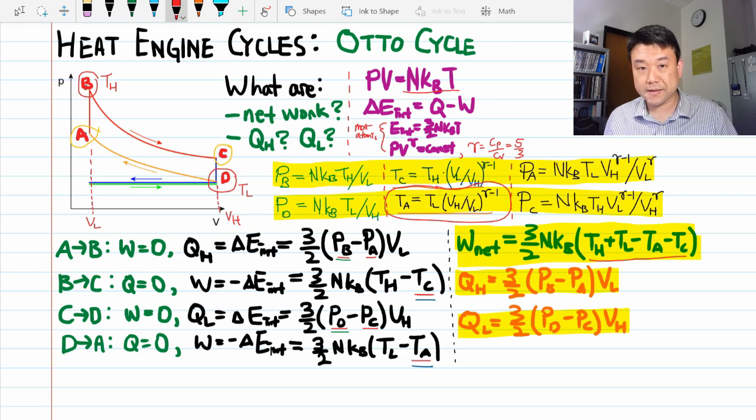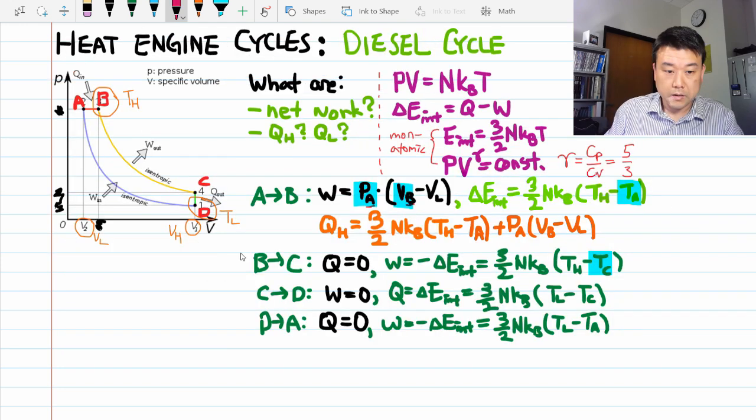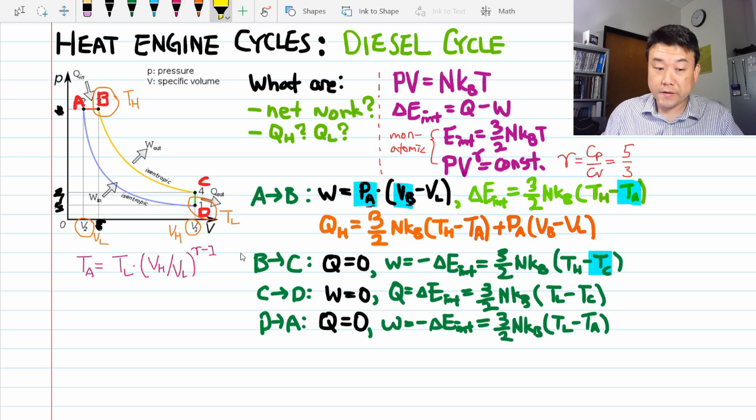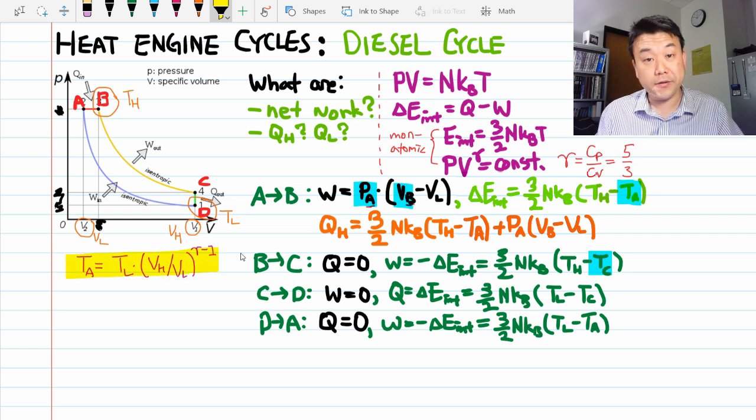So let me write that down on the other page. The temperature at point A is equal to the low temperature times the ratio of the volumes raised to the power of gamma minus 1. Alright, now treating this temperature at A as a known quantity, I'm going to express one of the other unknowns.